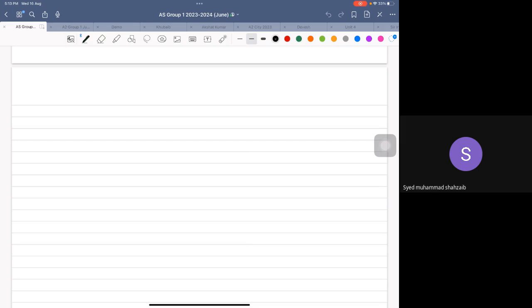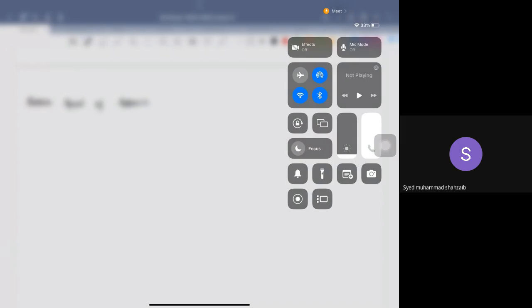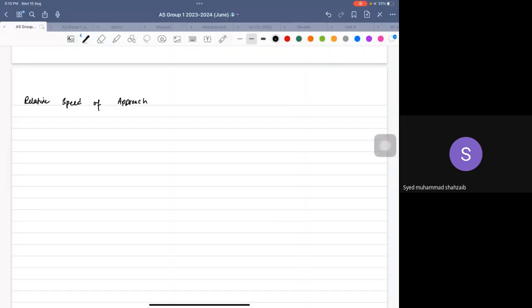This can be done by going through the relative speed of approach and the relative speed of separation. So we're going to do this.